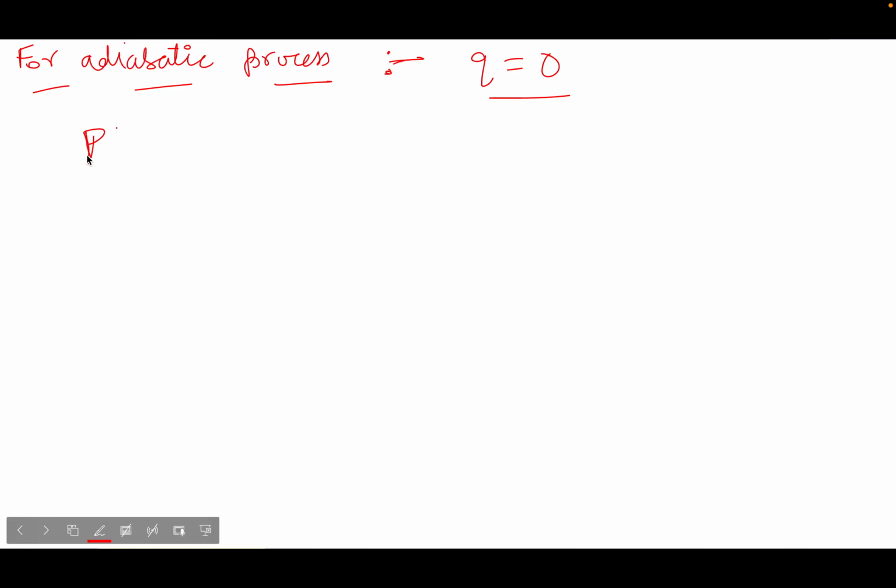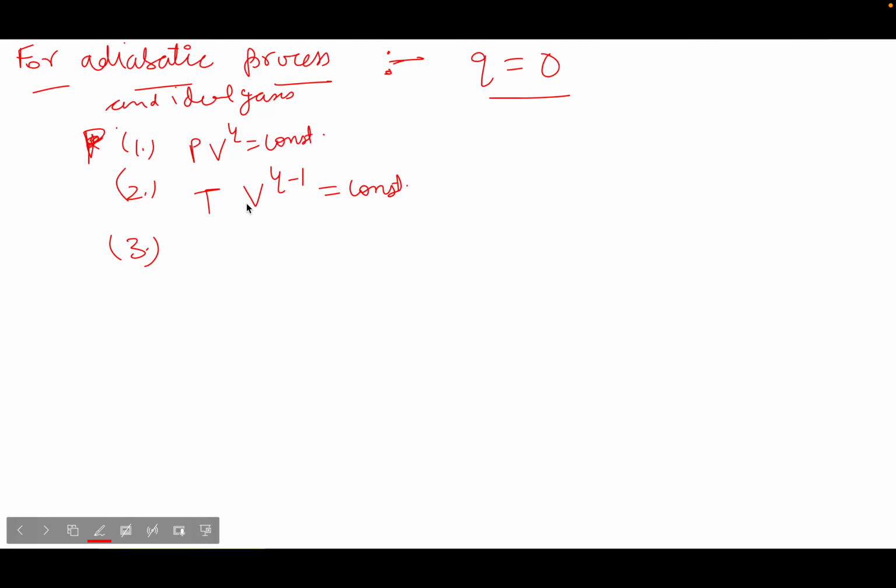So for adiabatic processes and ideal gases, there are three relations: P V to the power gamma is equal to constant, and T V to the power gamma minus 1 is equal to constant. We are going to use these equations in the questions, so please see them carefully.